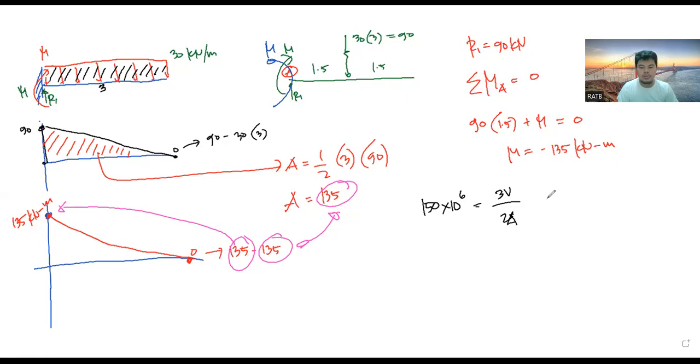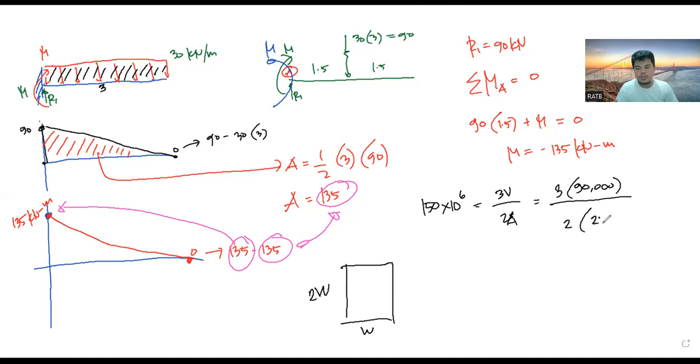The maximum shear force is 3 times 90,000 divided by 2 times area. This is the width, and the length is said to be twice the width. So area is 2W square.